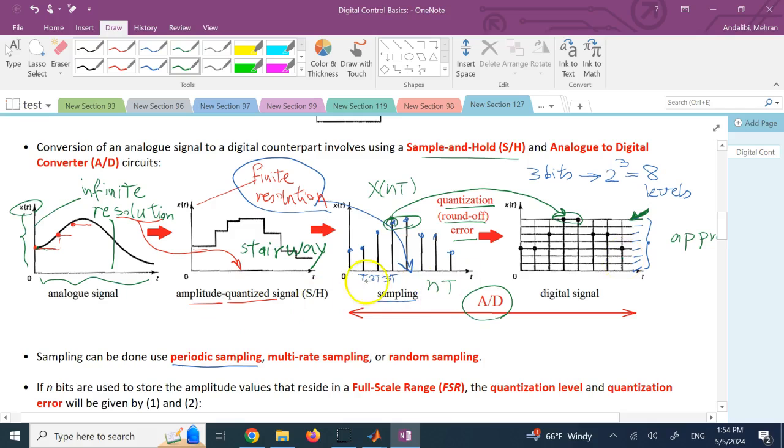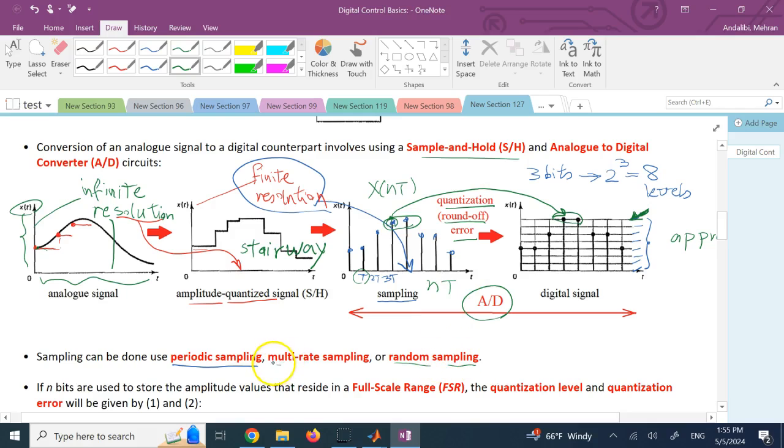So this kind of sampling, which is the most common one, is called periodic sampling. But there are other ways too. One of them is called random sampling. So you're not going to pick these samples at specific time points. So the first one might be T, but the next one could be 1.5 T. The next one could be 3.2 T, and so on, which is not what the typical A to D does.